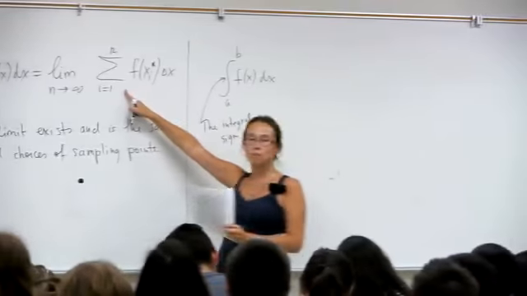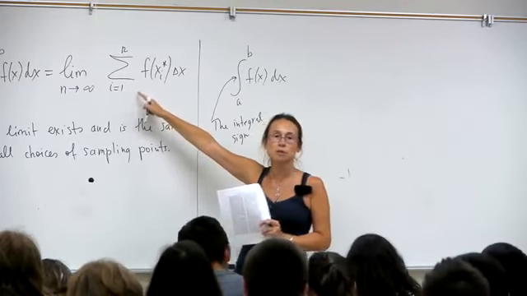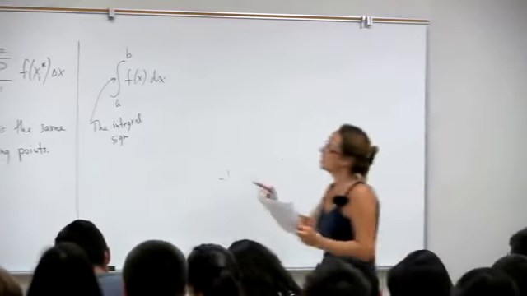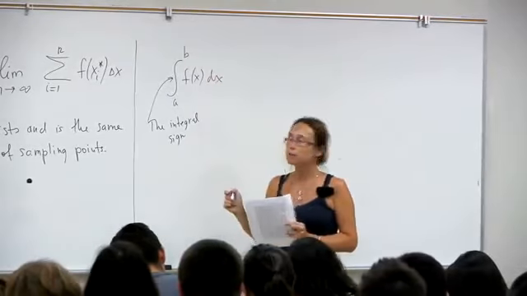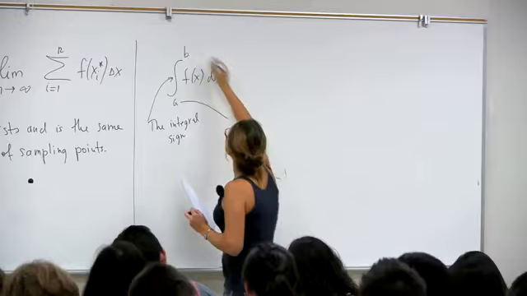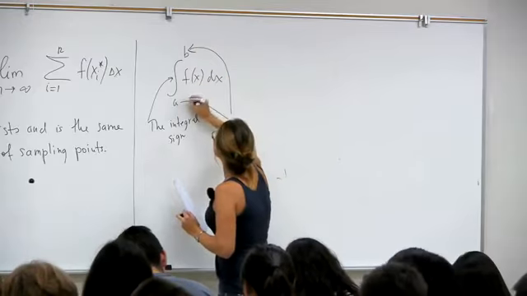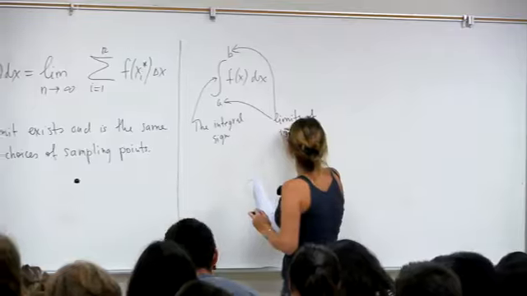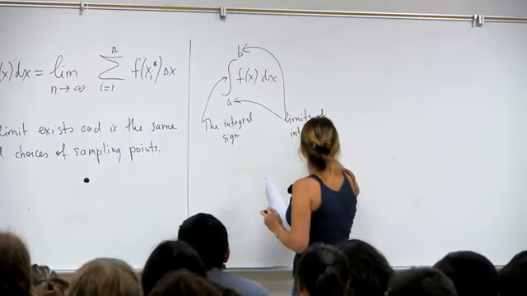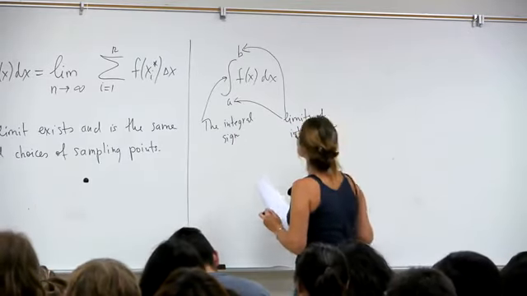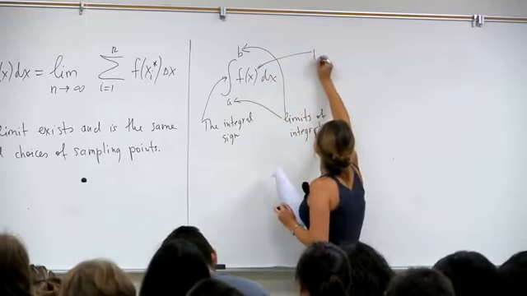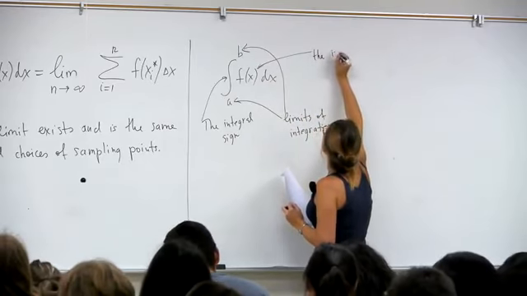Because it's a limit of a sum, so the symbol S comes from that word. a and b are the limits of integration. This f is called the integrand.